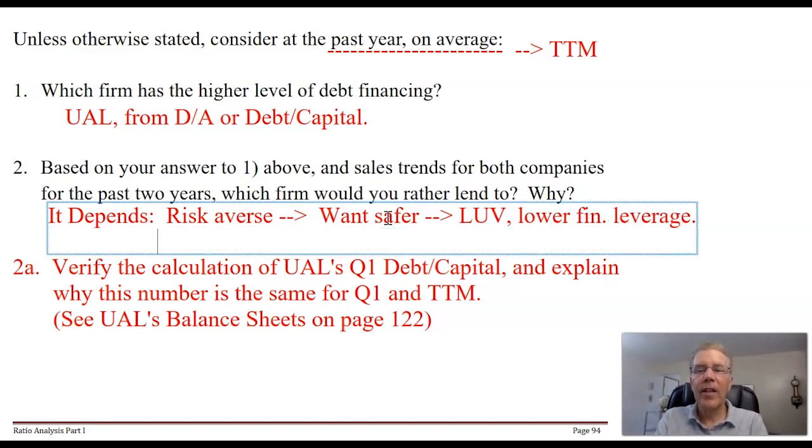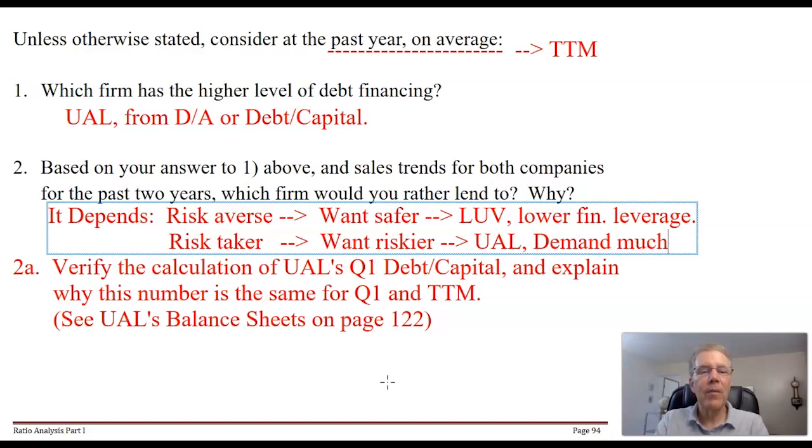Okay, and if you are a risk taker, you want the riskier one, and I'll tell you why. The reason you would want UAL is you can demand much higher interest rate.